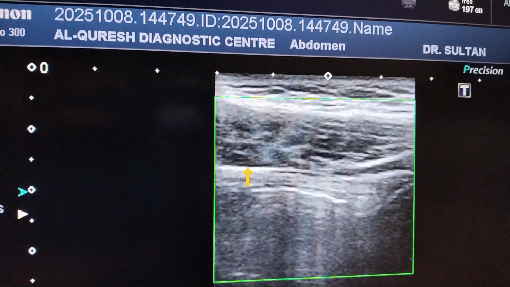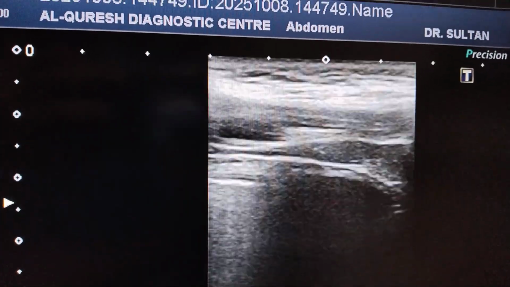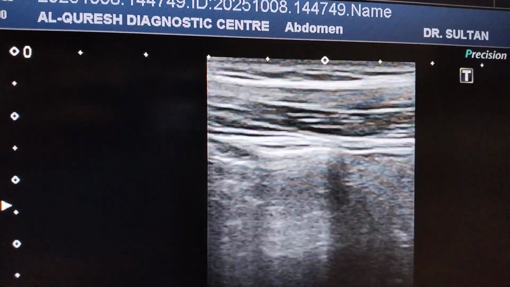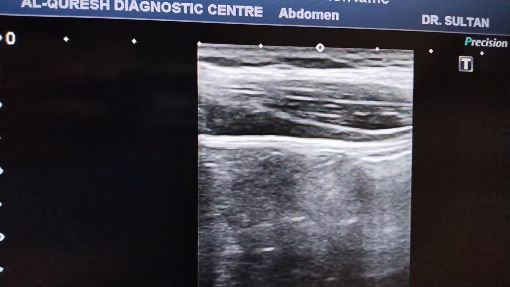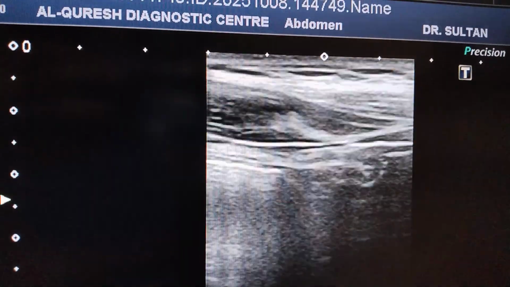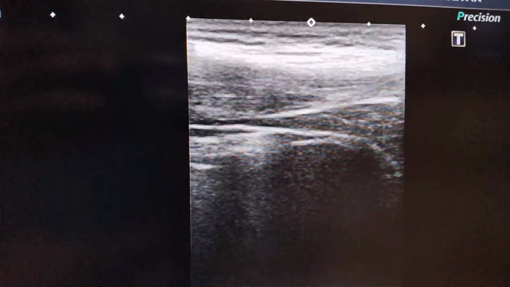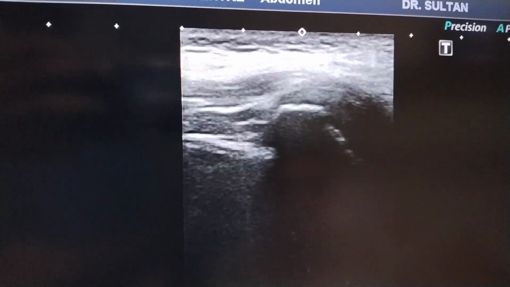Again, I am going to show you the lower umbilical region in mid portion, in a sagittal direction, going downward until we reach the pubic bone.